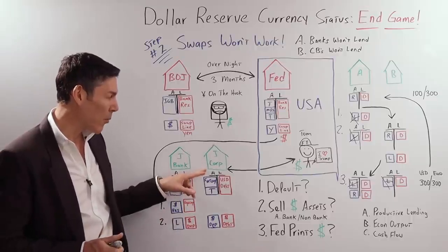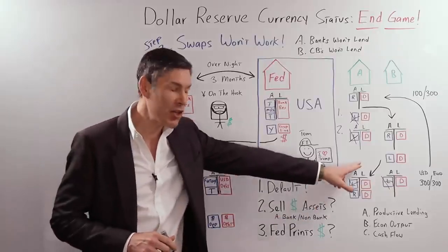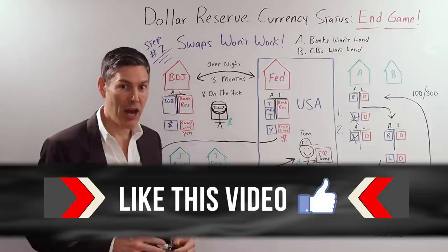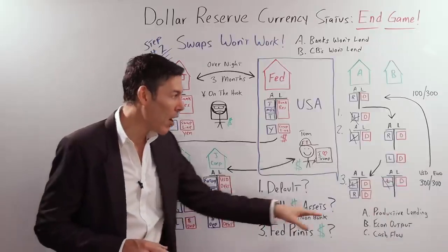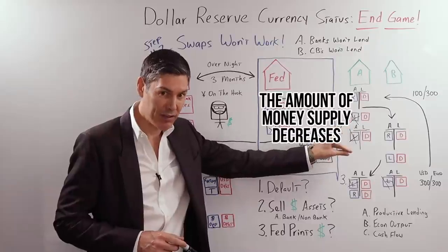Because if a corporation or any entity is paying off debt to a financial institution that created funny money out of thin air in the first place, when they pay off the debt, the amount of money supply decreases.